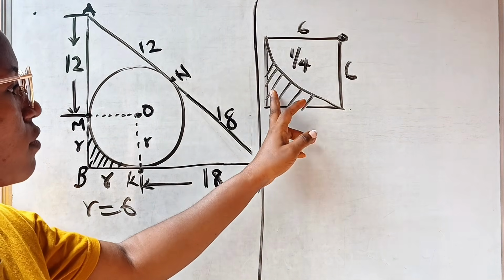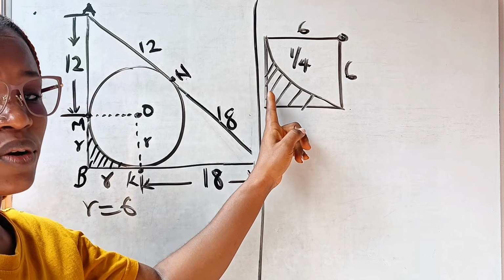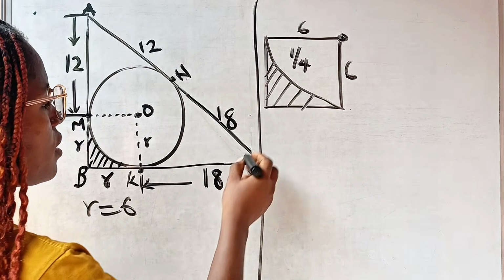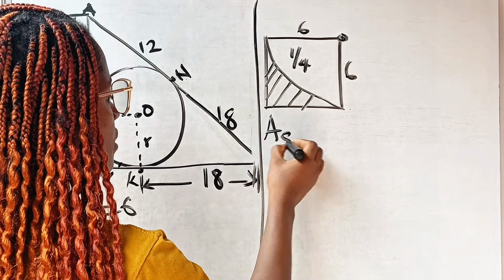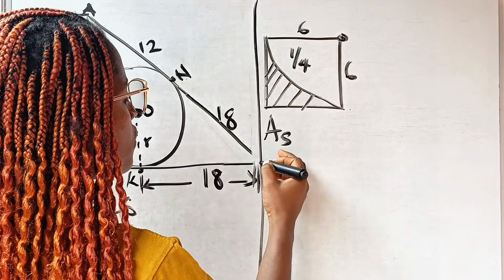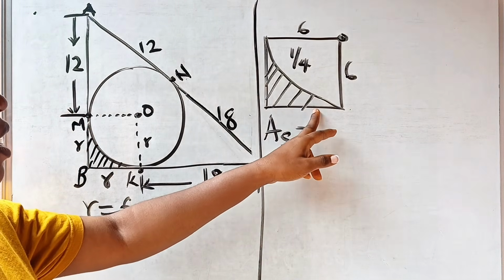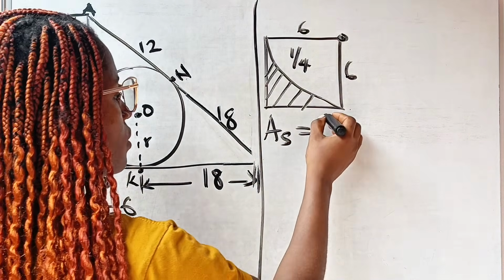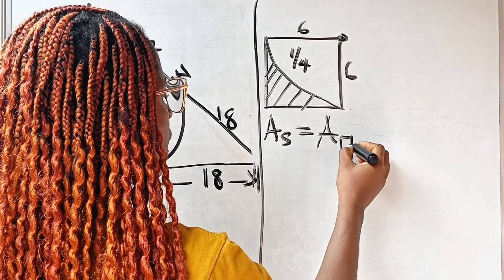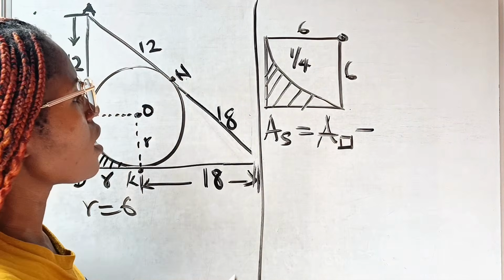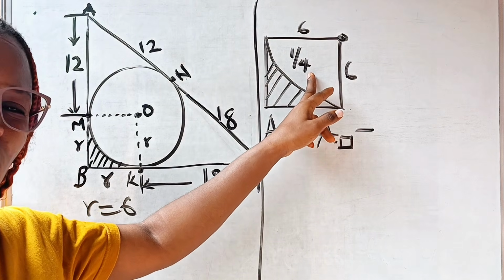Now for us to get the area of the shaded portion, let's say the area of the shaded portion is AS. So the area of the shaded portion should be equal to the area of the square minus the area of the quarter circle.